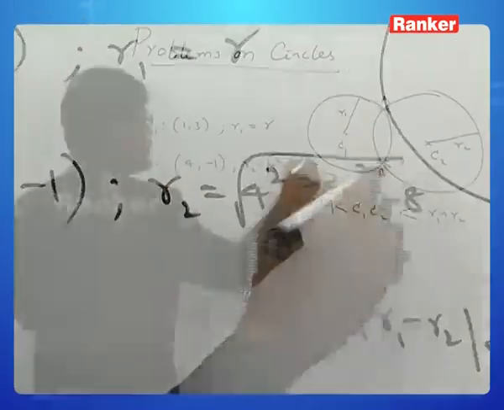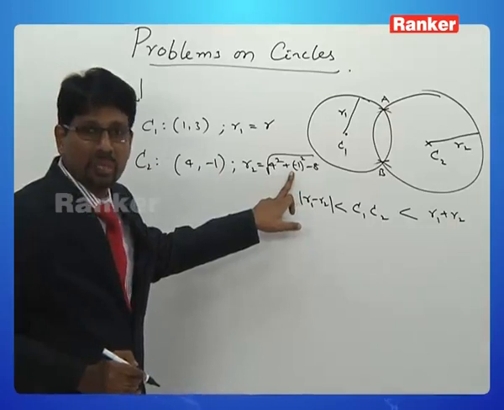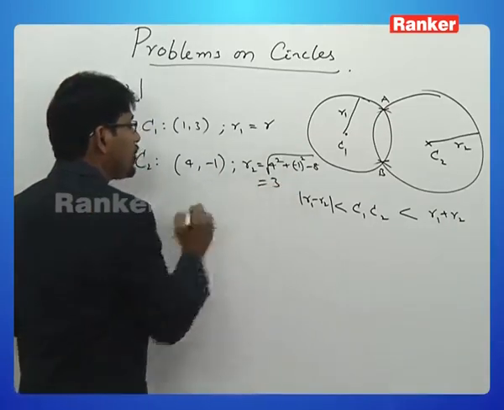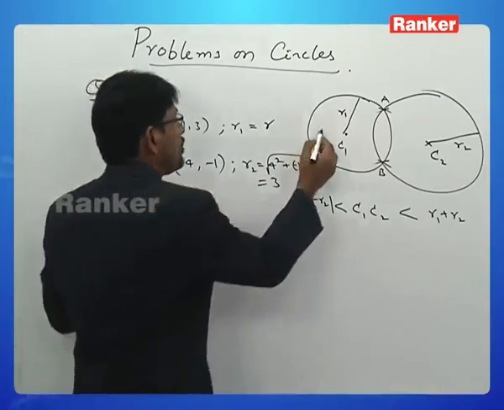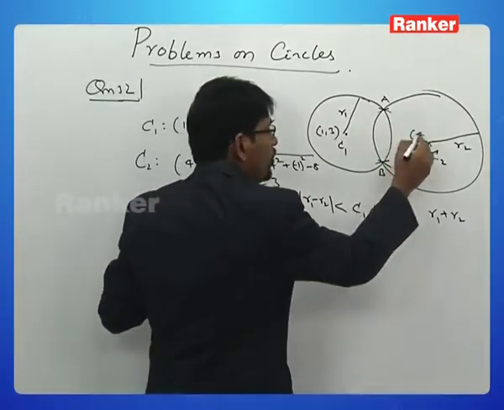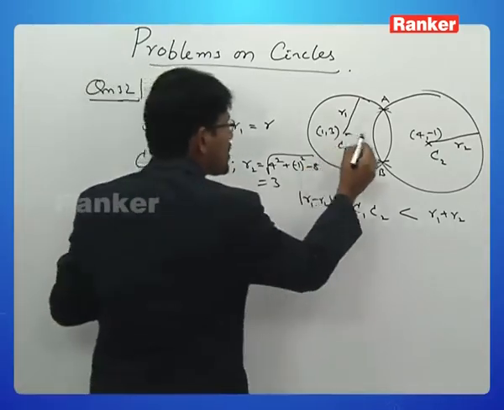What does it make it? 16 plus 1, 17, 17 minus 8, 9, under root, that makes it 3. So R2 is 3. Now the center C1 we obtained is 1, 3. The center C2 is 4, -1.